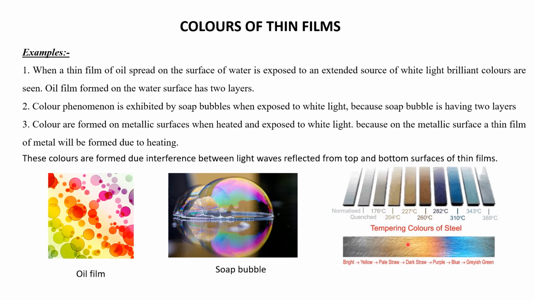Like that, so many metals on heating and exposed to white light show colors. These colors are formed due to interference between light waves reflected from the top and bottom surfaces of the film. Similarly, colors are formed due to the light transmitted from the top and bottom surfaces of the thin film. So the colors are formed in thin films due to interference of light.